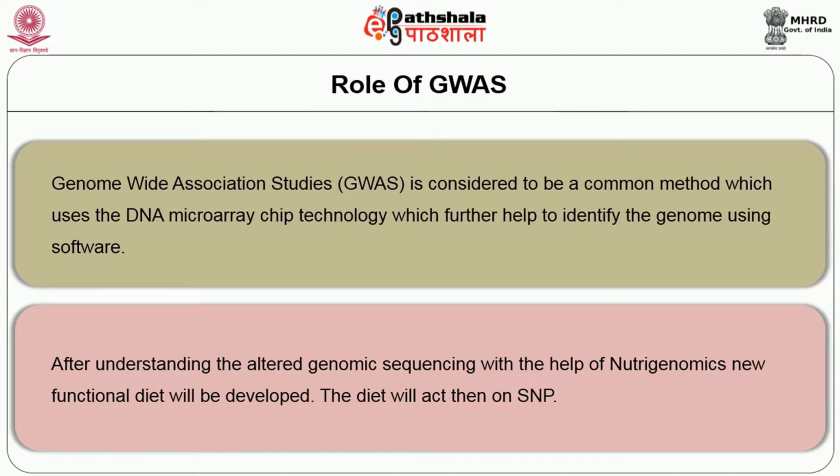What do you mean by genome-wide association studies? So this is in short called GWAS, and let us see the role of GWAS. It is considered to be a common method which uses the DNA microarray chip technology, which further helps to identify the genome using software.